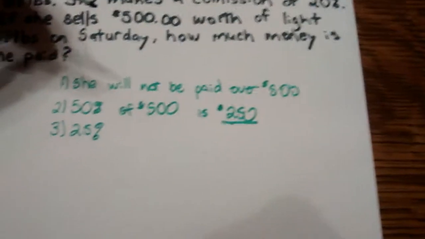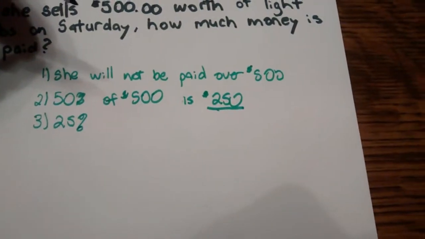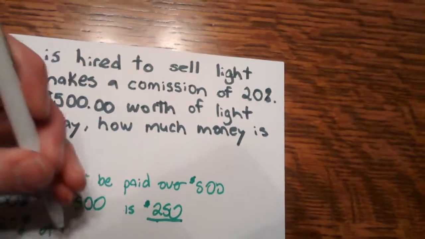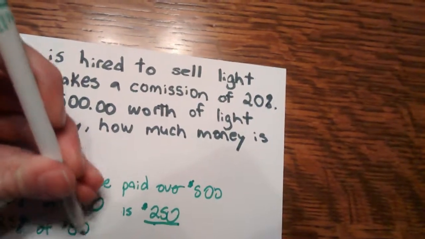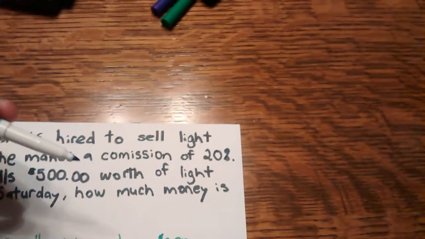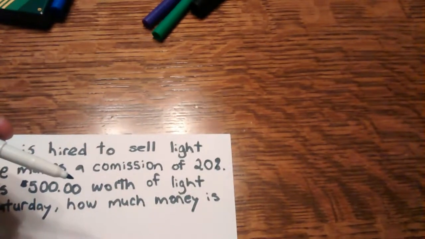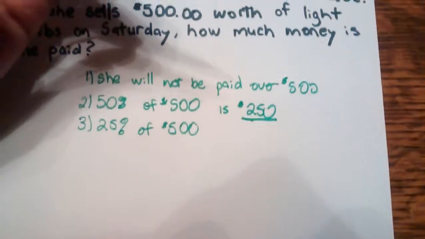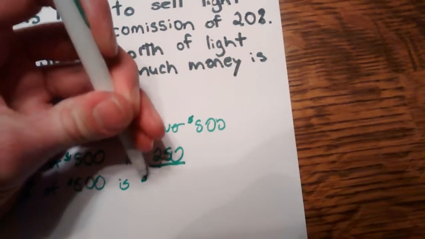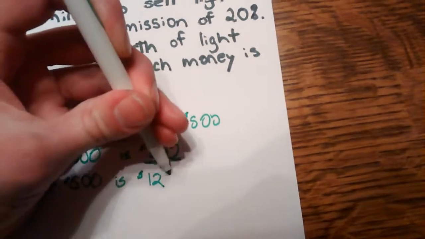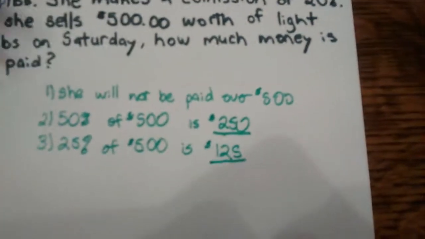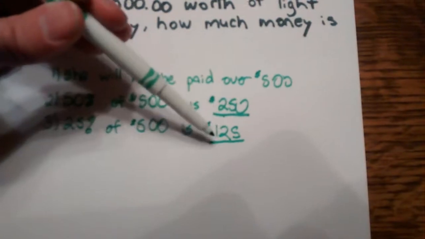So dividing 250 into a quarter, that's tricky, but 25% of 500, if I'm thinking about it just for a bit, so I divide 250 and got 125.